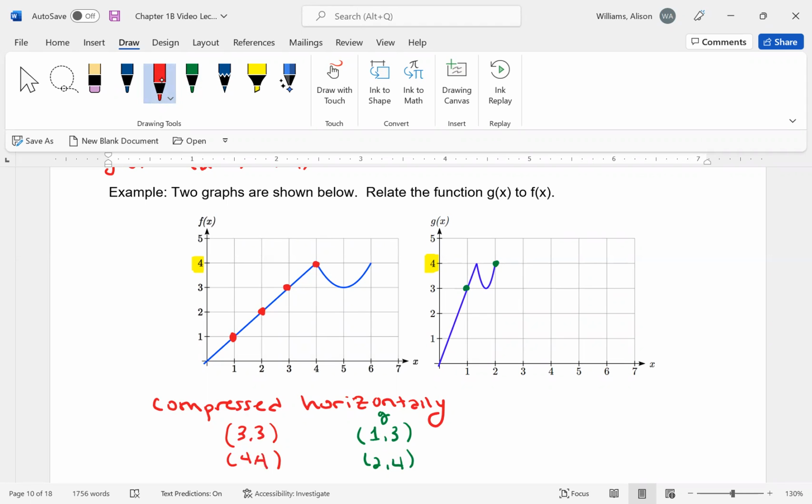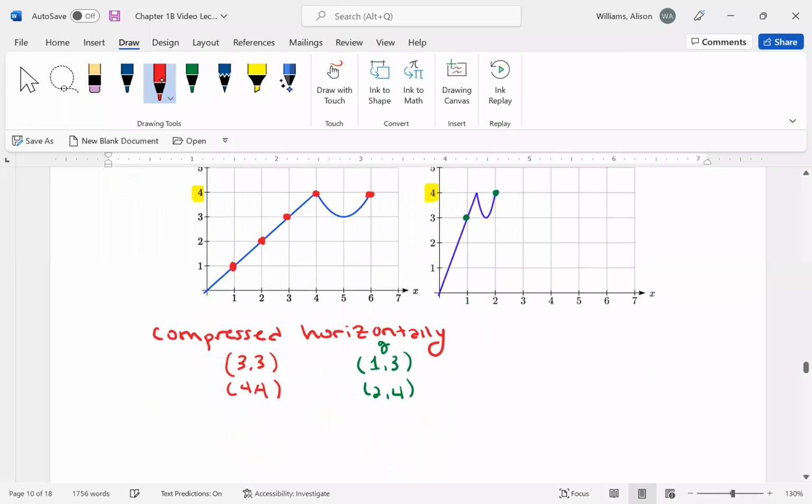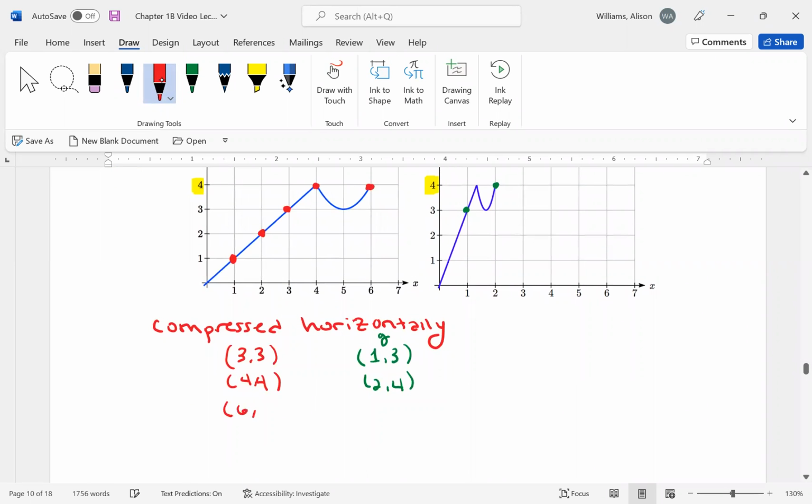It also happens again, it equals 4 at 6. Now, the reason I'm thinking that might be more important is I'm trying to find a relationship between them so that it makes sense that they're the same.